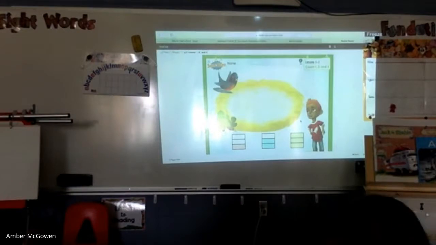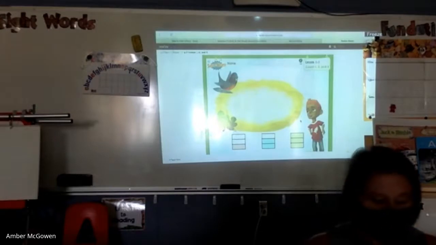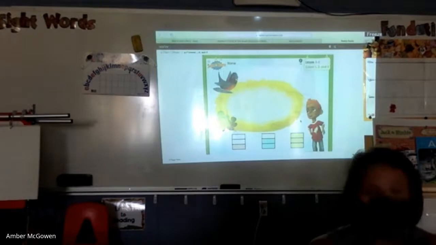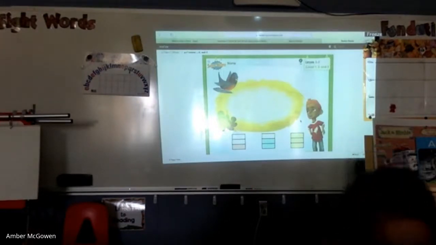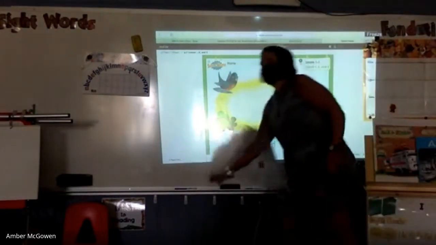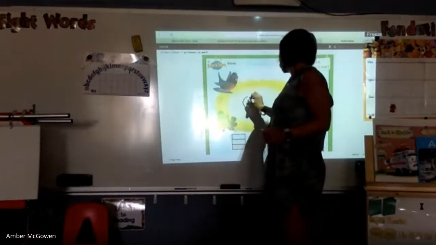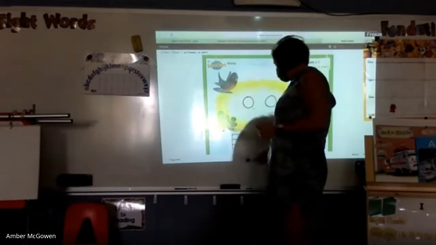So on this page, do you see the nest in the middle of the page? The bird's nest? Okay, I want you to draw 2 circles in that nest. Draw 2 circles in that nest.